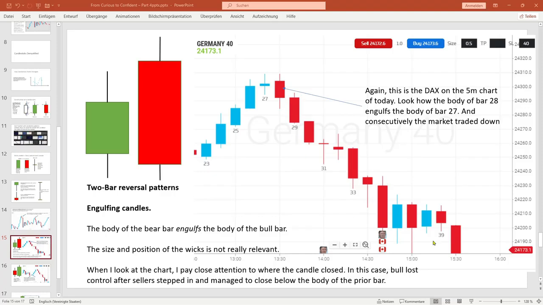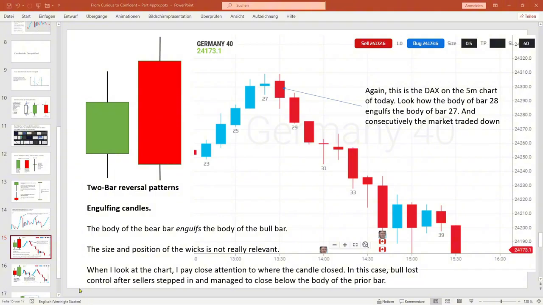Because this is now hindsight trading, right? But when the market is open and you don't see the candles right from the current one, then you have to make an educated guess. Here you see that the close is below the body of the previous candle.